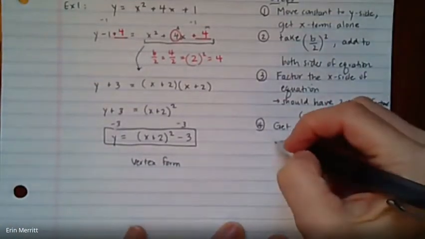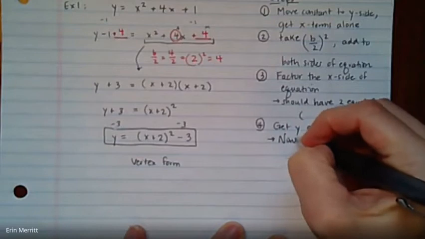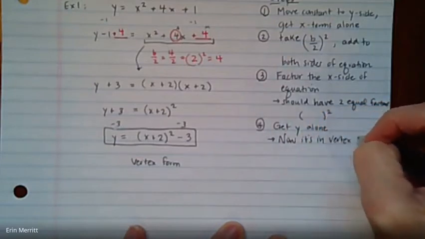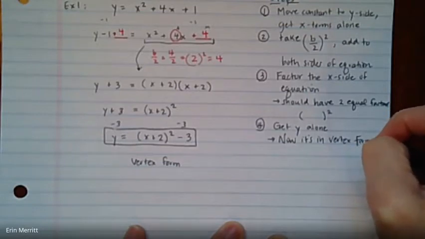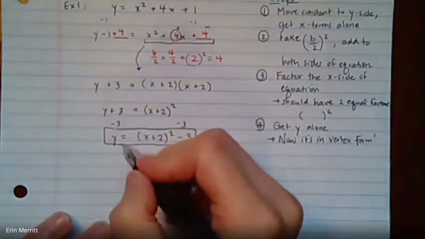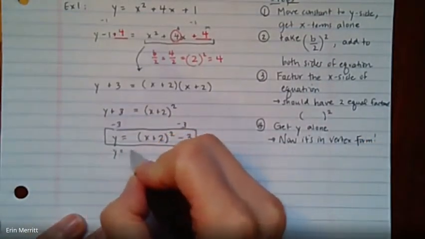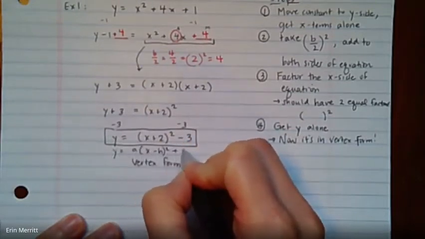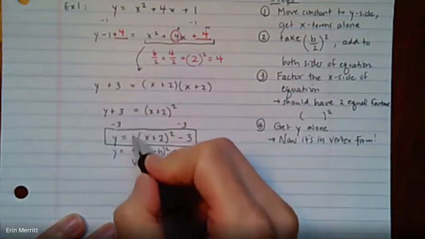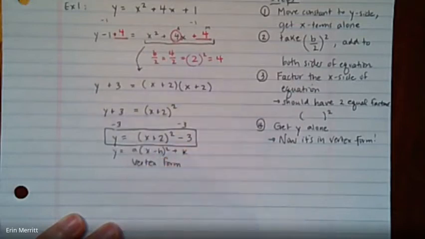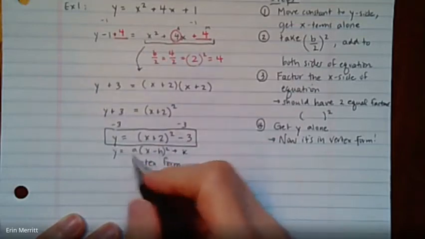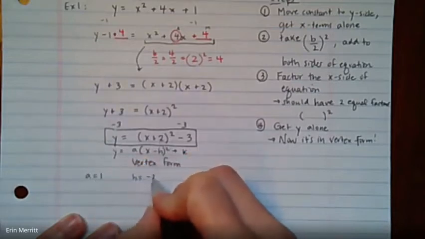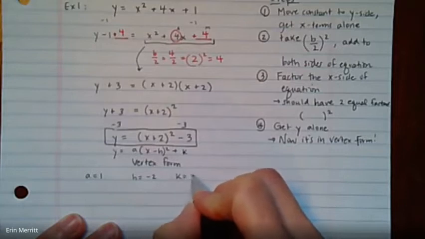Okay. So now it's in vertex form. Right? And now I'm going to write vertex form right beneath it. We wrote it as a times x minus h squared plus k. Well, if there is no a that we're seeing, then we know a is just 1. That's fine. Right? The h would be a negative 2, and then the k would be negative 3.